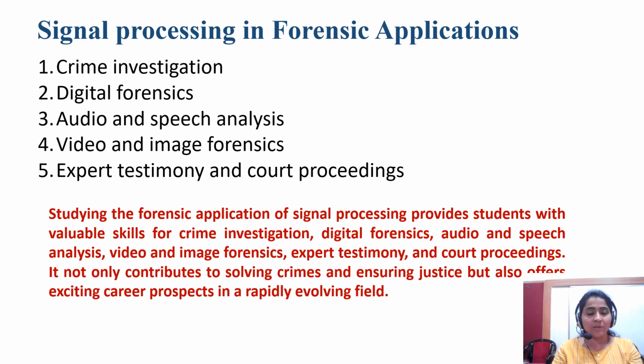For crime investigation, we use images and videos in order to understand the criminal scene, and through that image and video we can get different forensic evidence about where exactly and how exactly the crime happened.